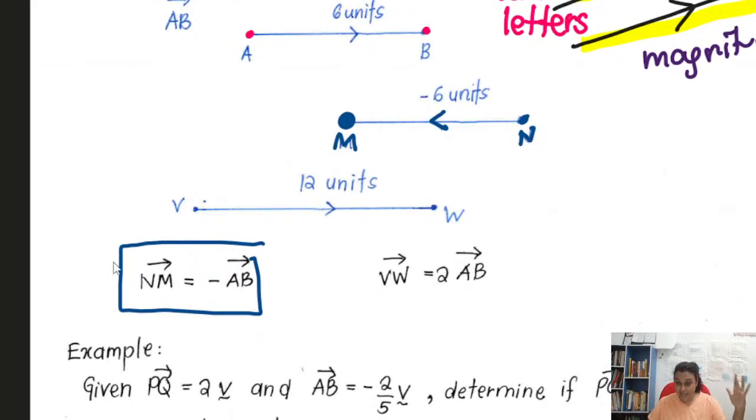You write MN first, equal to negative AB. Why negative? Because this is negative 6.